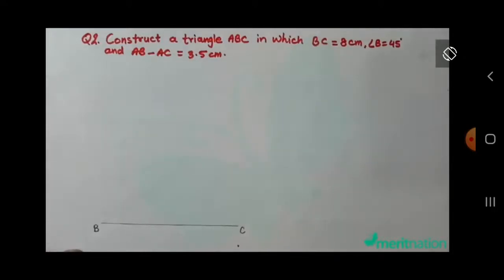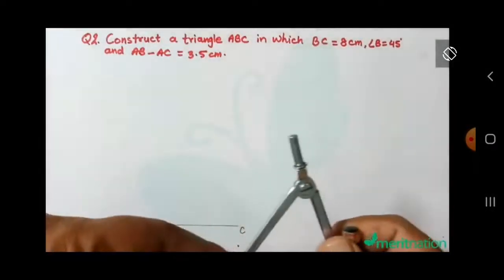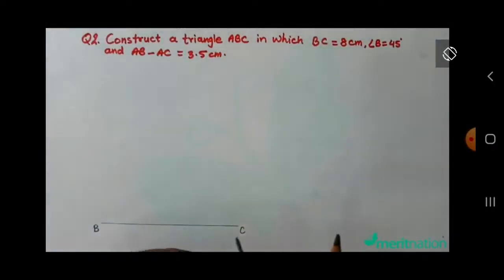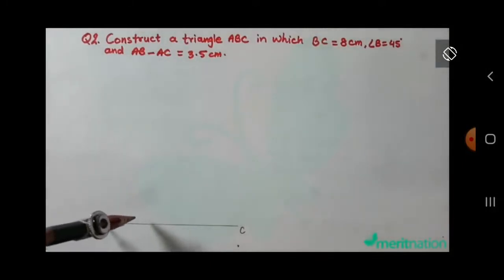Okay. Now angle B should be constructed 45 degrees, and to construct 45 degree, we will construct first 90 and bisect it. This is the technique we apply. So to construct 90, I'm drawing here a part of the circle.